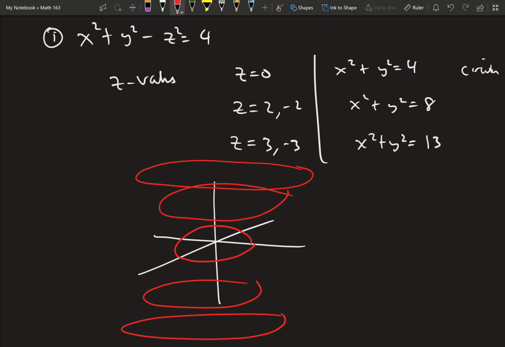Now, how do these connect? Well, let's set x to be 0. So we have y squared minus z squared is equal to 4. And this is an equation of a hyperbola. Hence the hyperboloid concept. So what this does is in the yz plane, you have these hyperbolas.